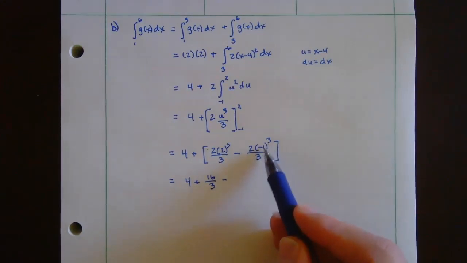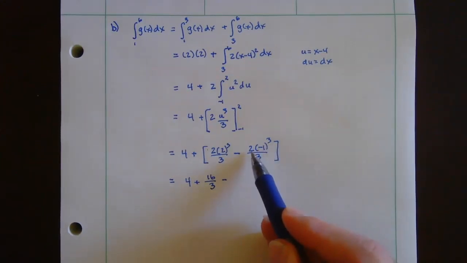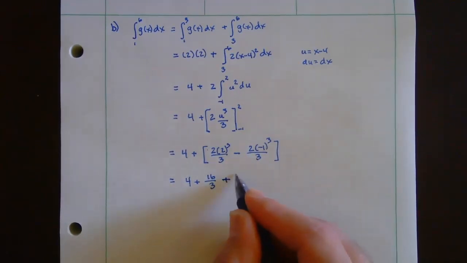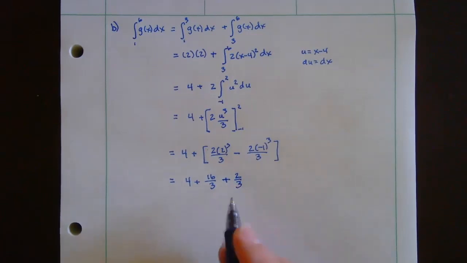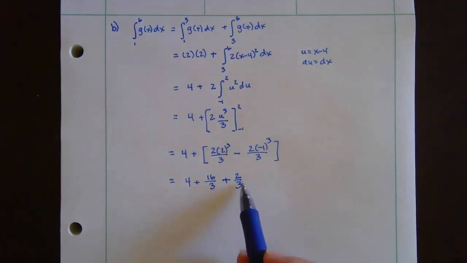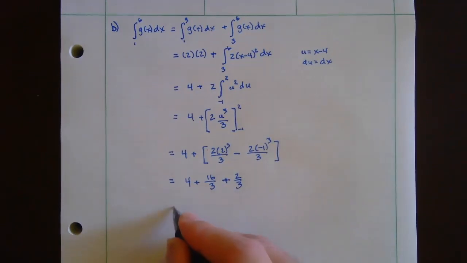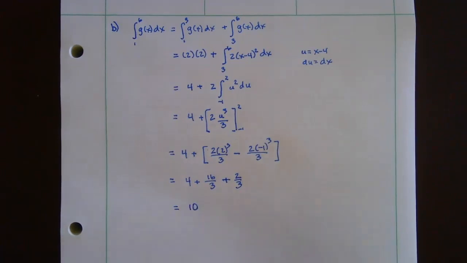Minus, this is going to be -1 times 2, right? So -2, but I'm subtracting, so this is going to become plus 2 thirds. 16 thirds plus 2 thirds is 18 thirds, which is 6. So this is 4 plus 6, which is 10. So my integral here is 10. Okay, and that's part B.